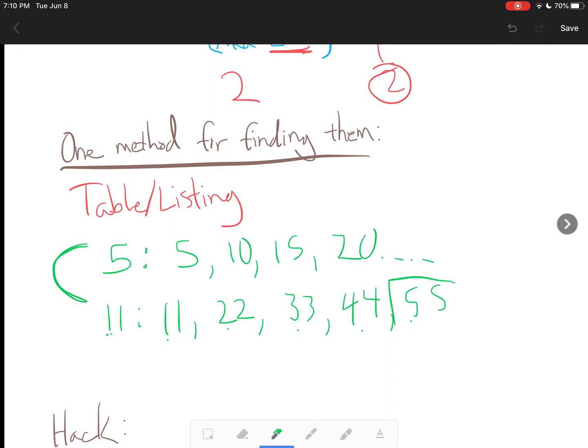And here, 55 is in there. I know that 55 is divisible by 5, so this is going to be my common multiple. That would save me a lot of work because I don't want to write all 11 multiples of 5 just to stumble upon 55. So sometimes it might help to start with the big number and work backwards and ask, okay, I need something that could also be divided by 5. We'll see that again a little bit later.